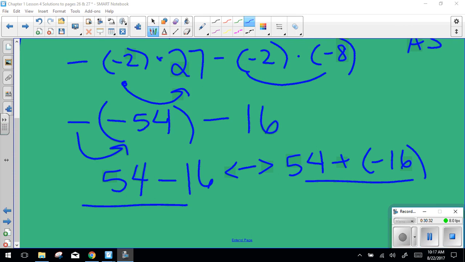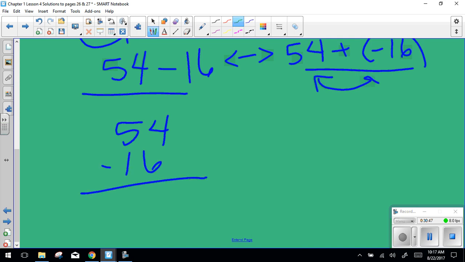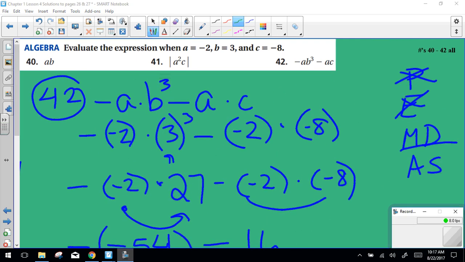So we're going to subtract here, because remember in this scenario, we subtract because the signs are different. Okay, so 5 becomes 4, this becomes 14. So 14 minus 6 is 8, 4 minus 1 is 3. So final solution is 38. Congratulations, that was a really tough one.